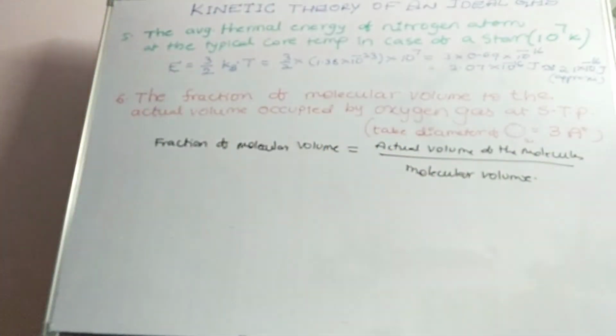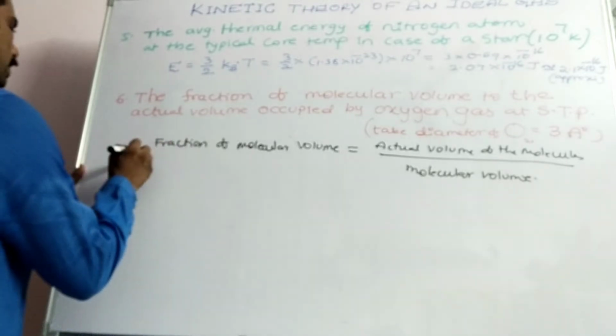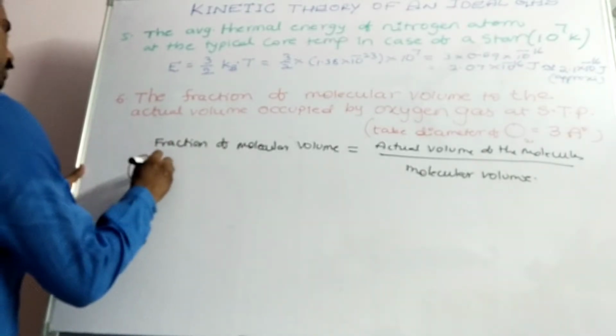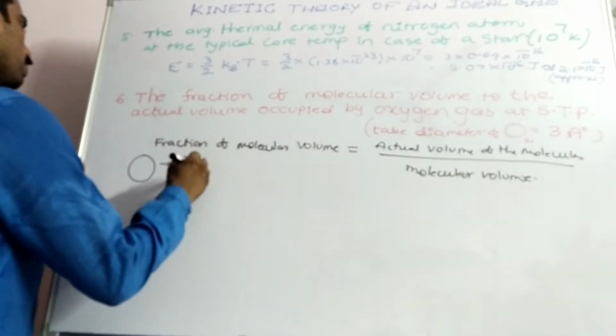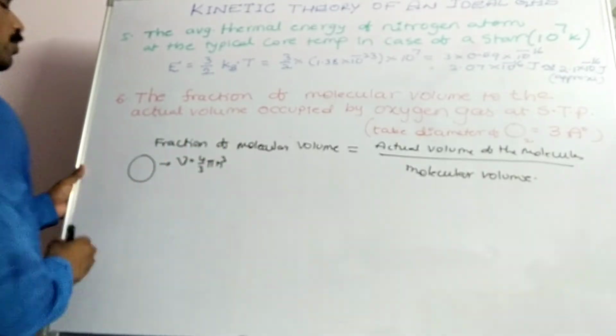The actual volume of the molecule can be written as 4 by 3 pi r cube. Why? Because the molecule looks like a sphere. That's why the volume of the sphere V is equal to 4 by 3 pi r cube.